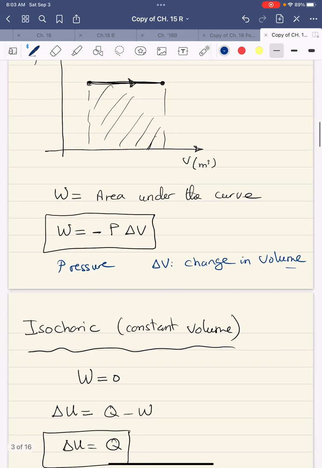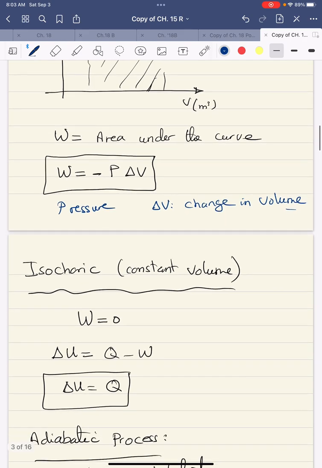The next process here is isochoric. Isochoric means constant volume, and when we graph isochoric, we are going to find that it's going to be a straight line like this.